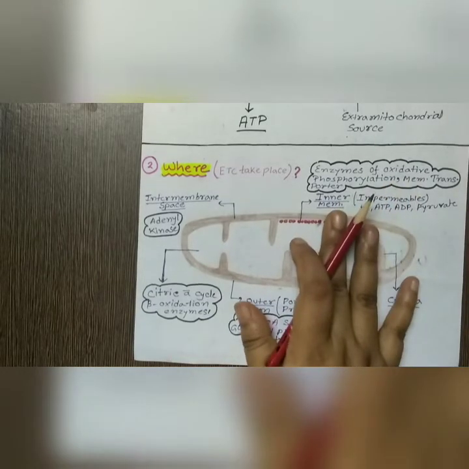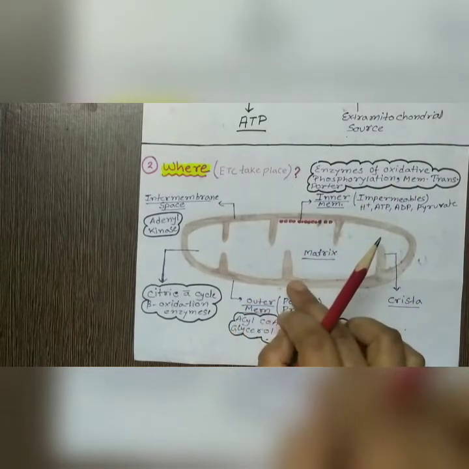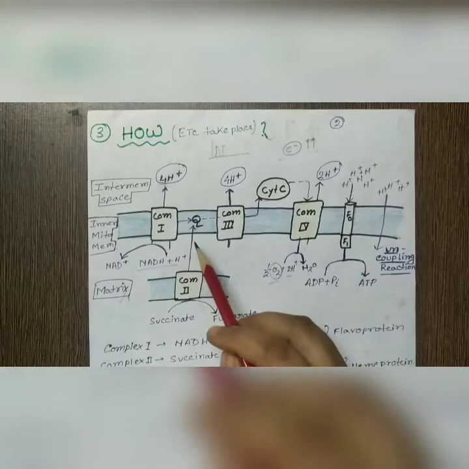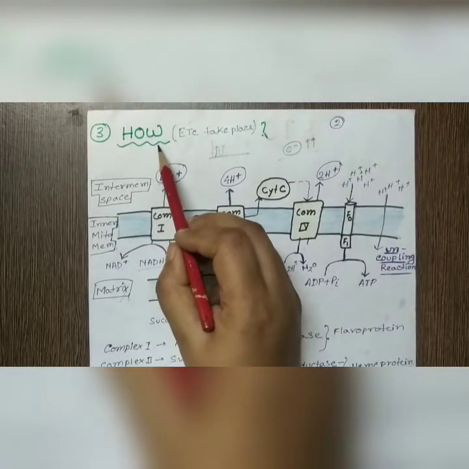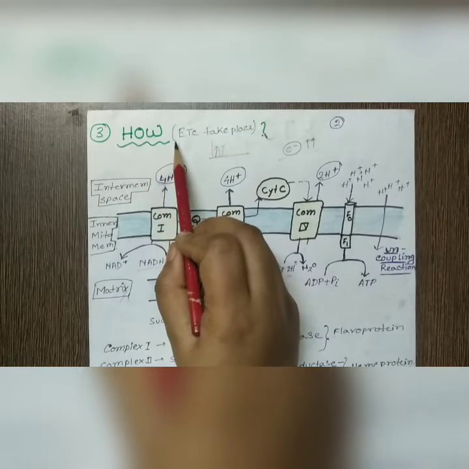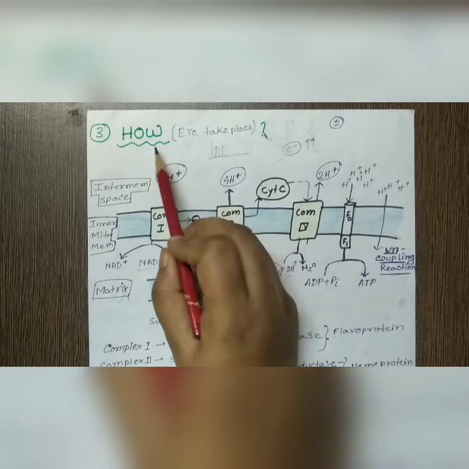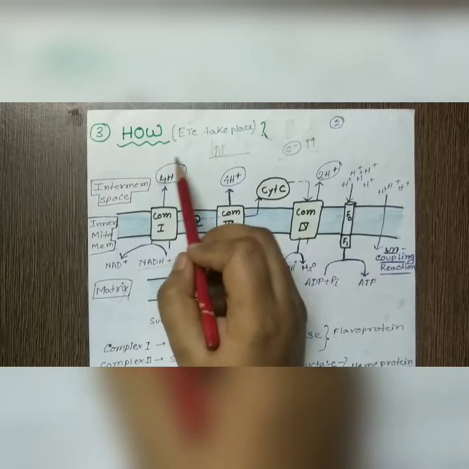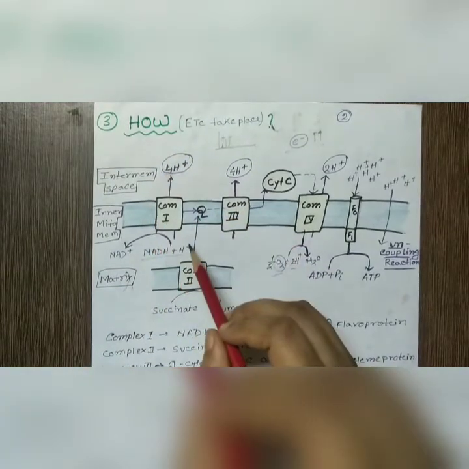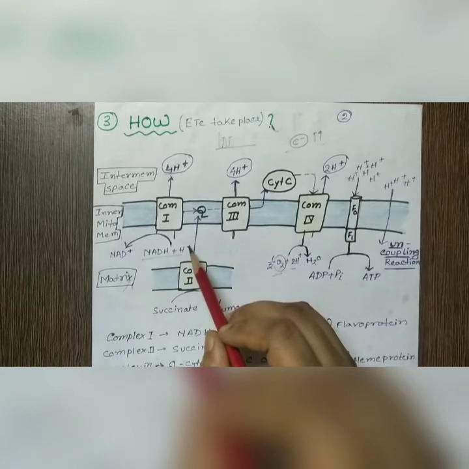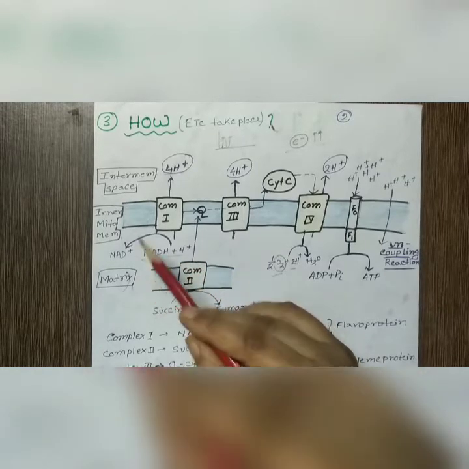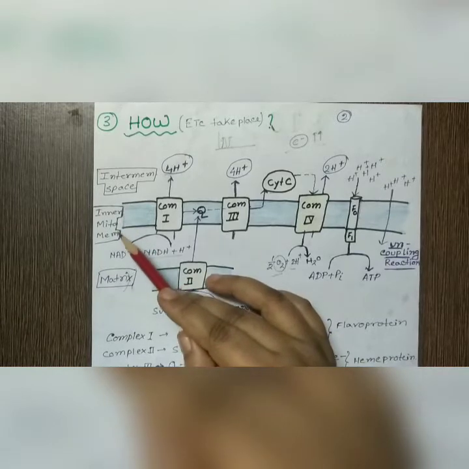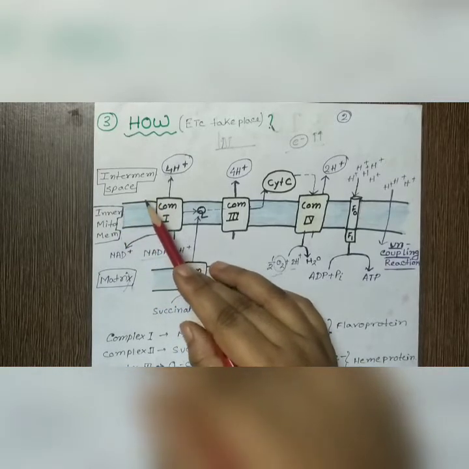They are all embedded in the inner membrane. Now let's see how this whole ETC system works. Okay, now we are discussing how ETC takes place. This is the most important part of our discussion, how ETC actually works. We have discussed previously the mitochondrial matrix, then the inner mitochondrial membrane, and then the intermembrane space.